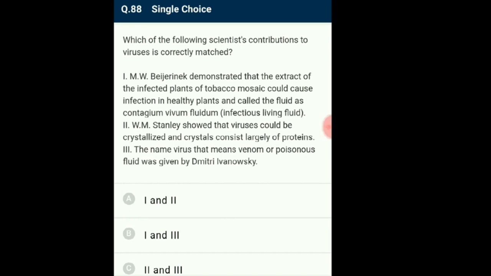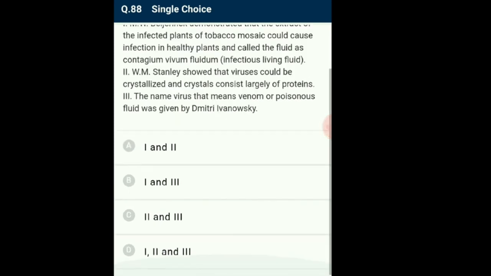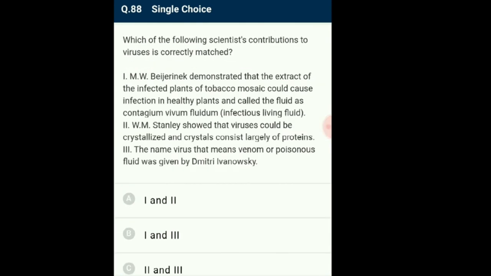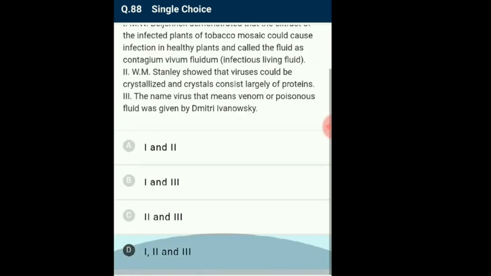Then W.M. Stanley in the year 1935 showed that viruses could be crystallized and crystals consist largely of proteins. All three statements about viruses are correctly matched. So the correct option is option D.